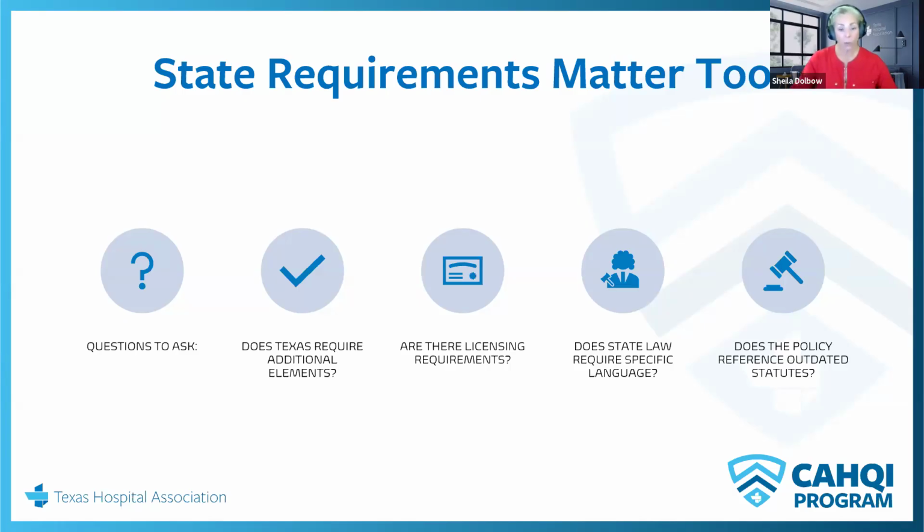So you have to make sure that you're going back and looking at the most current legislation for the state, as well as any rules or regulations that we have for being licensed to provide care.